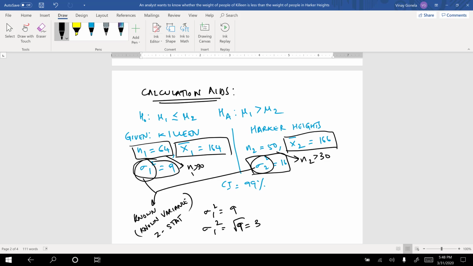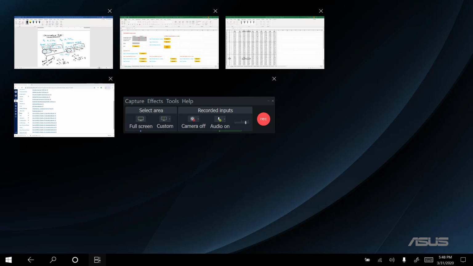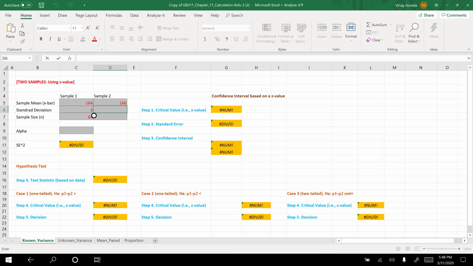Sigma 2 square is given as 16, so sigma 2 would be square root of 16, which is 4. So I will type in 4.